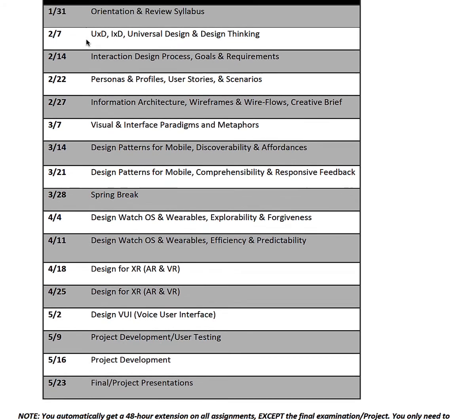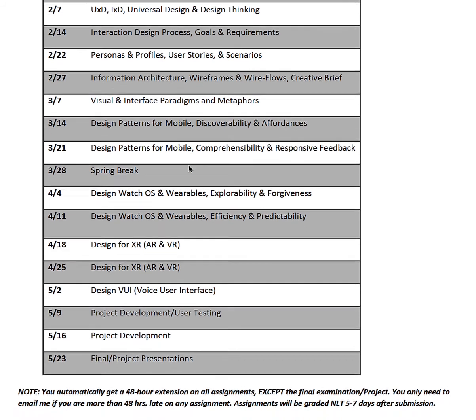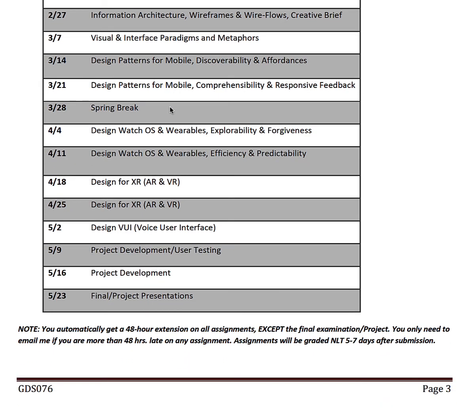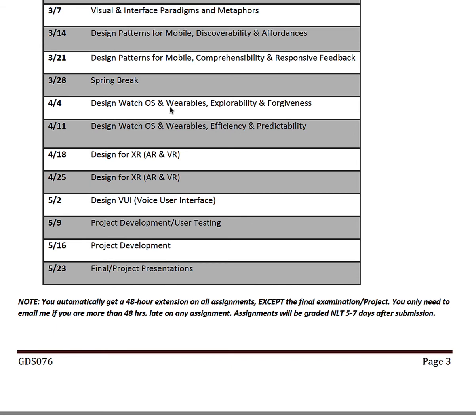As you can see up front, it's the obligatory UX stuff. We cover the obligatory UX stuff that actually goes in your creative brief, and then we review visual design and interface paradigms, and then at that point we dive into mobile.